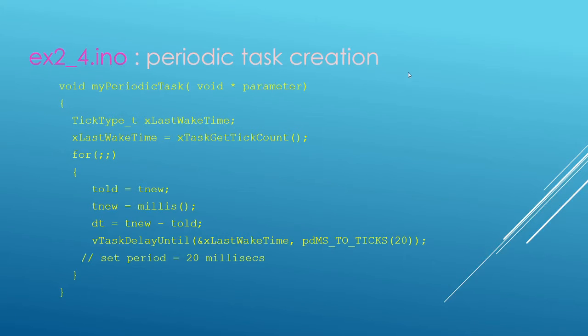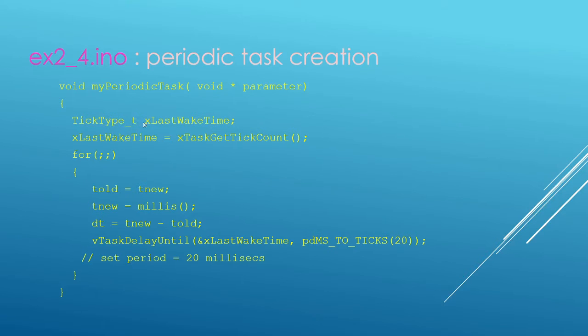If you want to make a periodic task, that means that the task runs at a constant period, you can create the task using xTaskCreate or xTaskCreatePinnedToCore, but in the task itself you do this.